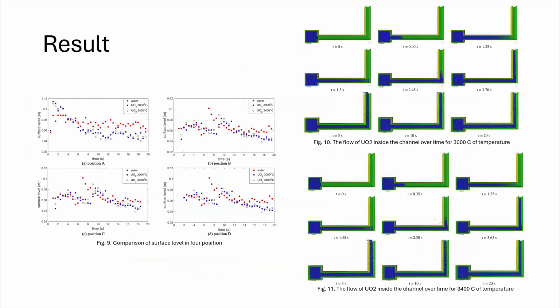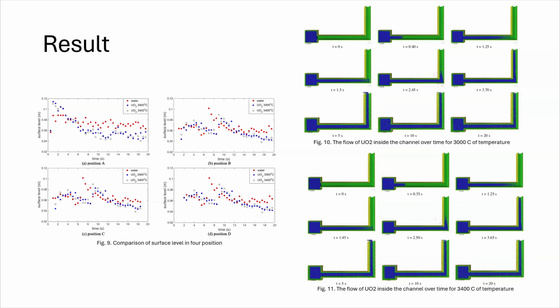We can see that the comparison of surface level in four positions between water and uranium dioxide at two temperatures has a similar pattern.